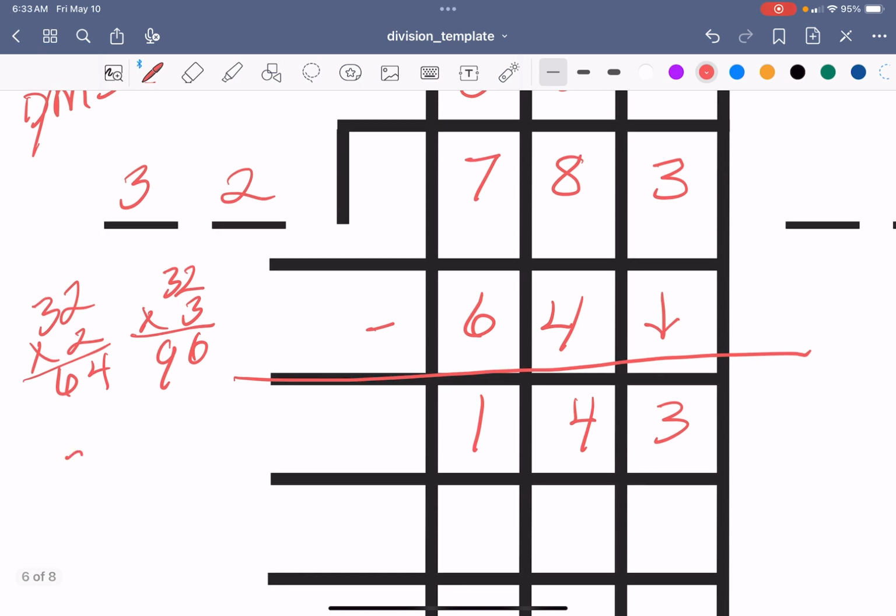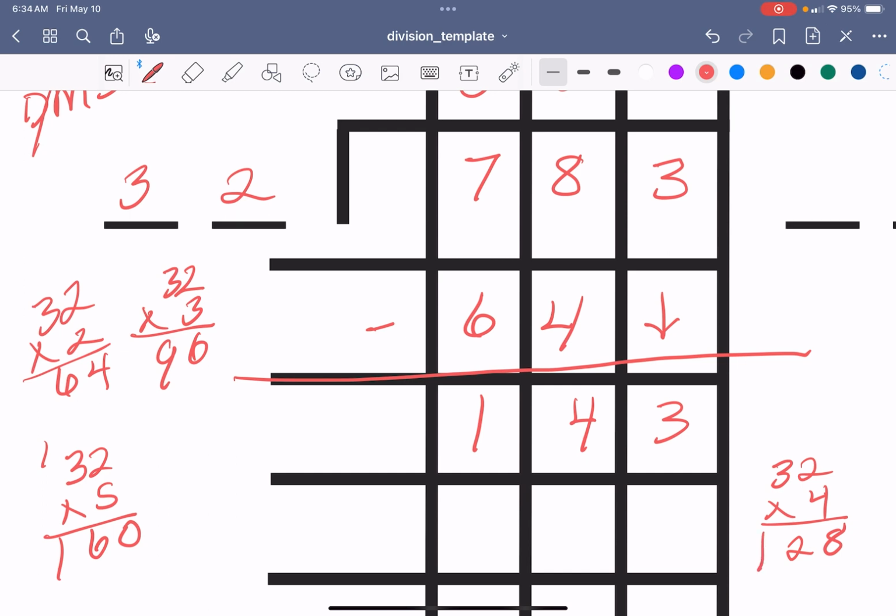32 times 5 is, let's see, 5 times 2 is 10, carry the 1. 5 times 3 is 15, 15 plus 1 is 16. So that's 160, it's too big. It's probably going to be 32 times 4. So 32 times 4, 4 times 2 is 8, and then 4 times 3 is 12.